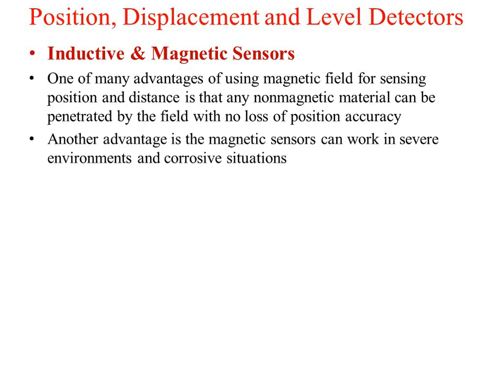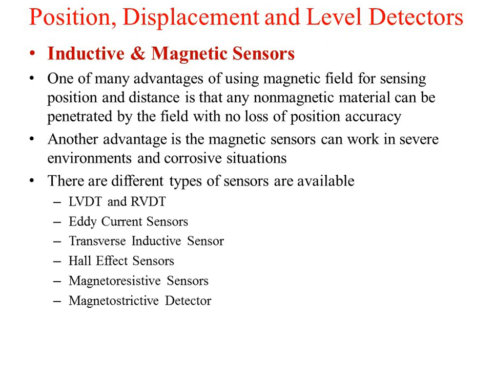Another advantage is that they can work in severe or corrosive environments also. So whenever there are very hot temperatures, dangerous environments, or corrosive environments, in those situations also we will be able to use inductive and magnetic sensors.